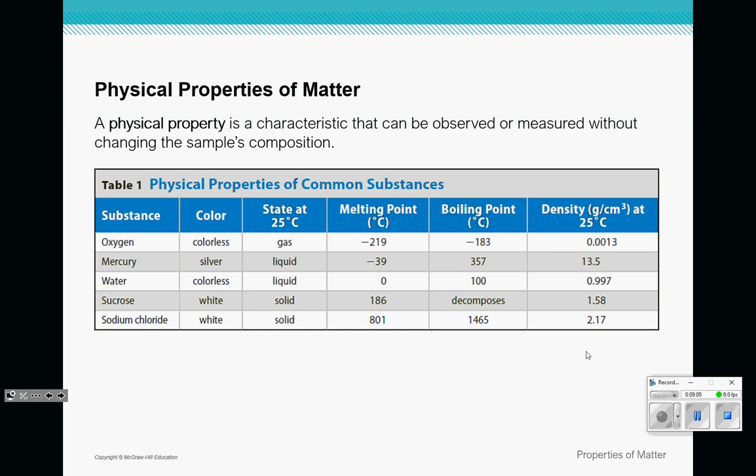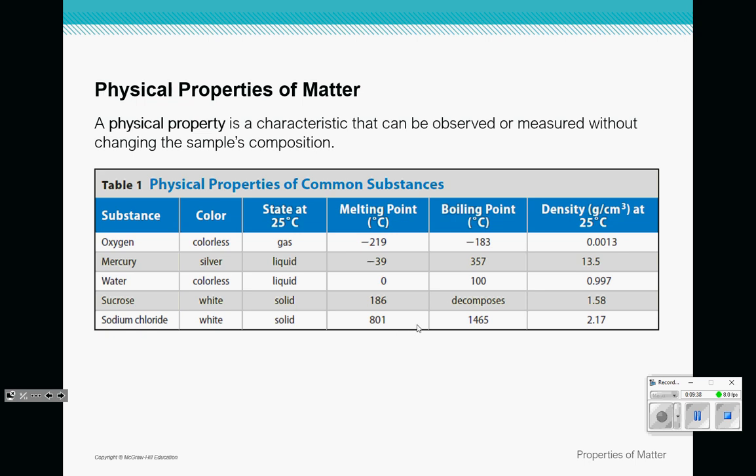Now, notice here, well, what about melting and boiling point? Well, yeah, I can change its state by melting it or boiling it. Go from, for instance, down here, a solid to, by melting it, turn it into a liquid. If I got it even hotter, get it to the point of it being a gas form. Same thing with ice. I mean, you find it in all three states, but really it's still water.